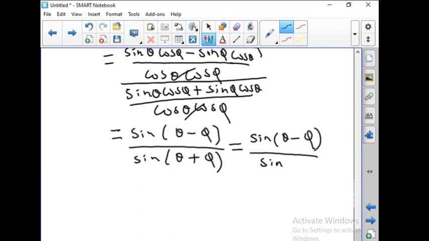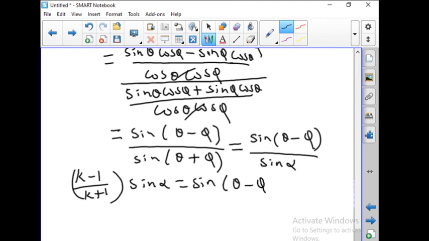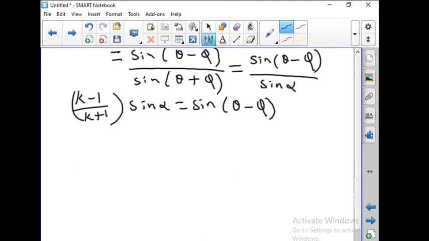So the denominator can be written as sine alpha. So now this is nothing but k minus 1 by k plus 1. So cross multiplying, what you get? K minus 1 by k plus 1 into sine alpha is equal to sine theta minus phi. Hence it is proved.